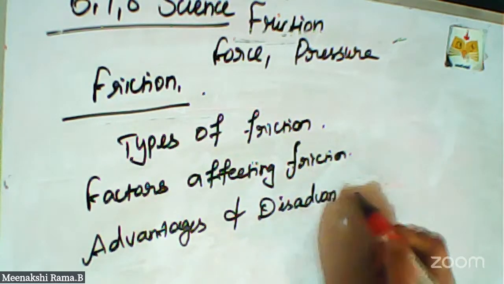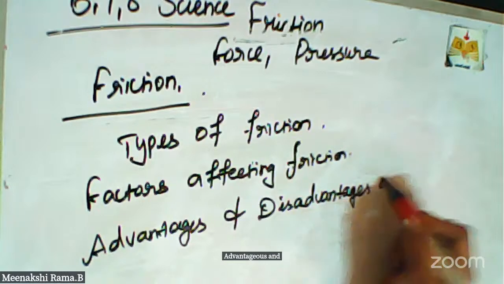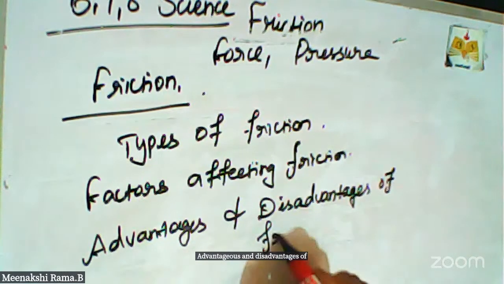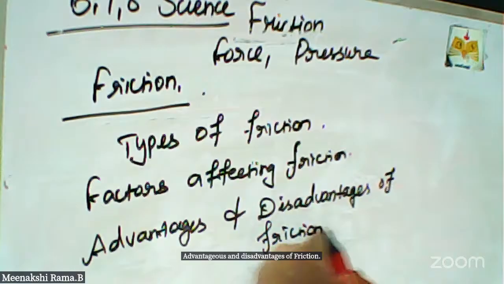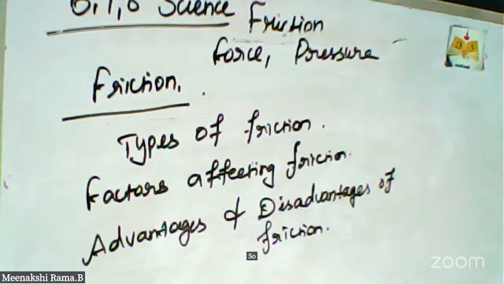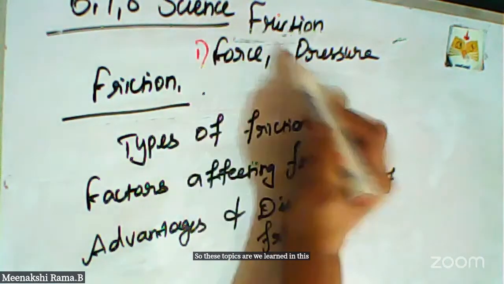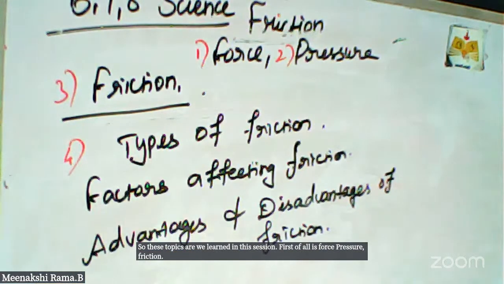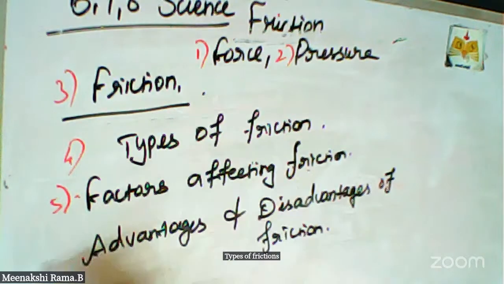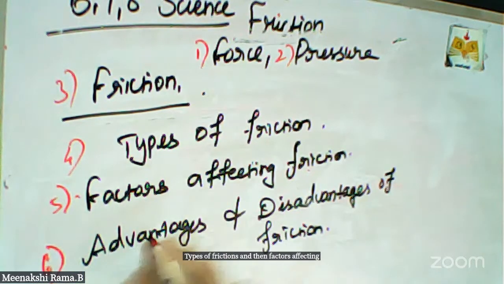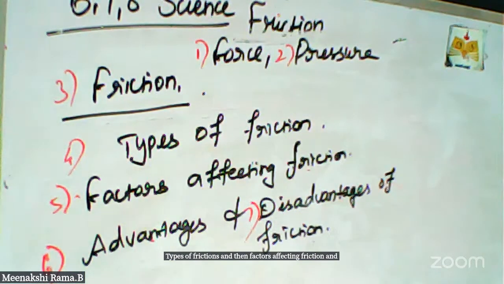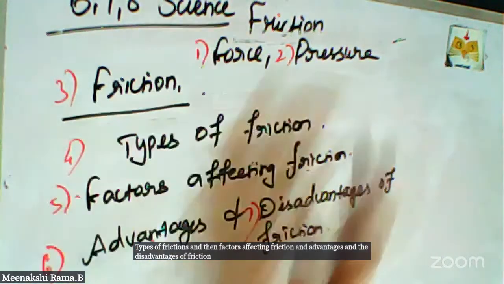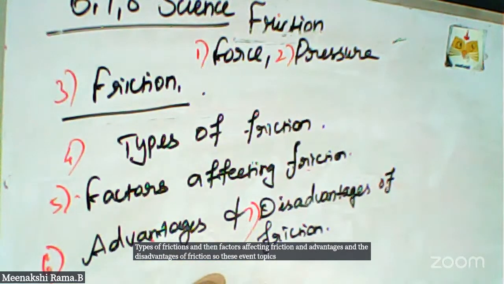So these topics we learnt in this session. First force, pressure, friction, types of friction, then factors affecting friction, and the advantages and disadvantages of friction. So these seven topics we studied in this session.